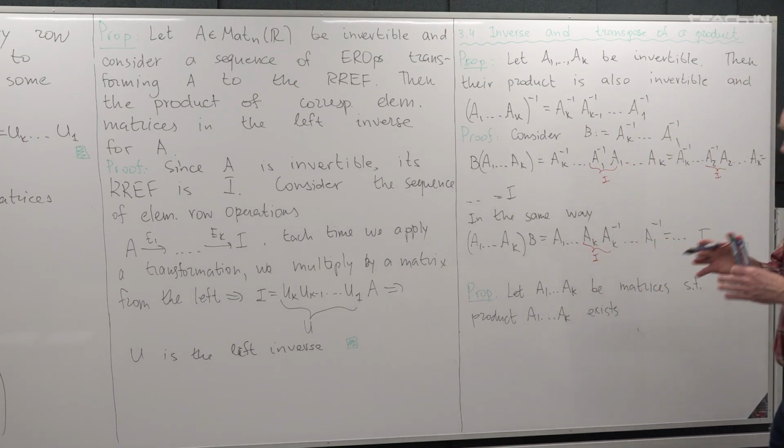This means that the number of columns in every matrix should be the same as the number of rows in the next one. In this case, we can multiply these matrices.